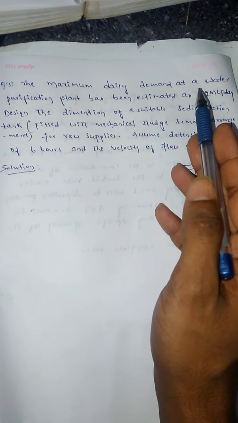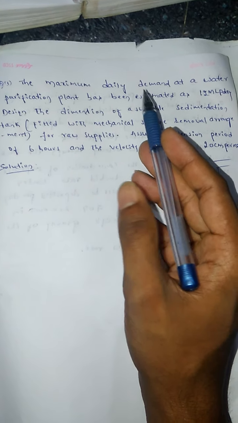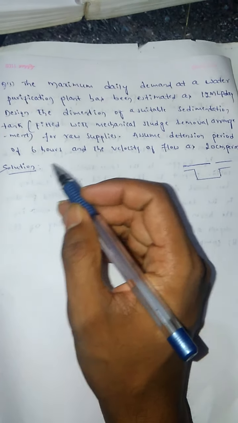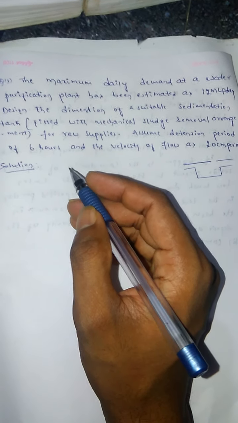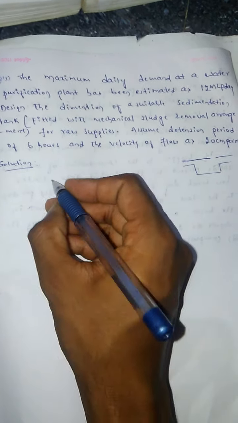So this is the requirement of water for the community area. We need to calculate how much amount of water is to be treated in 24 hours.